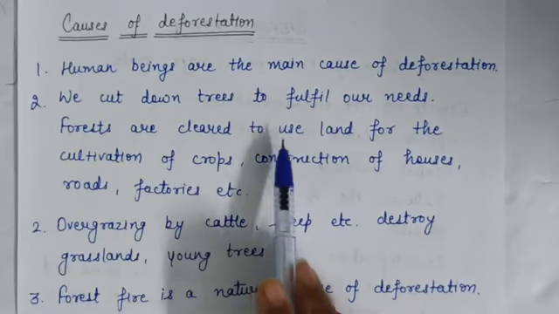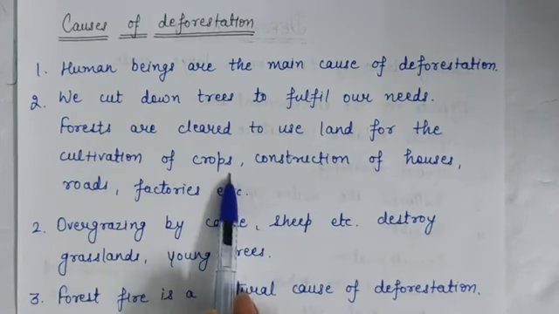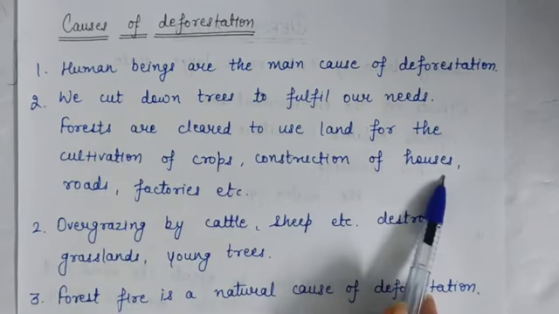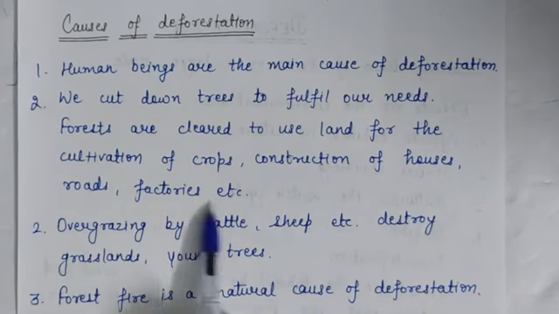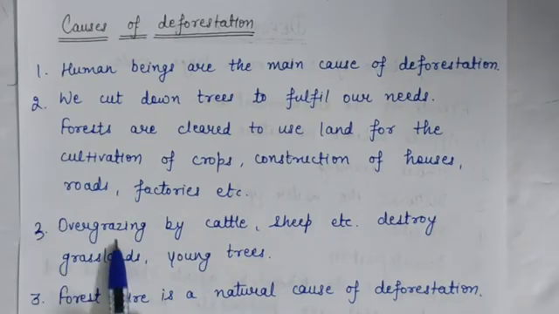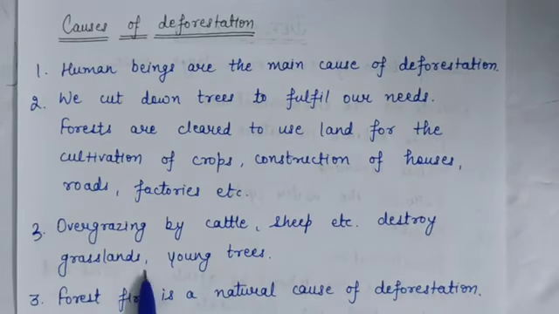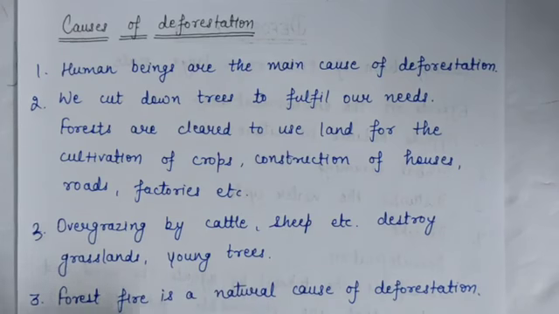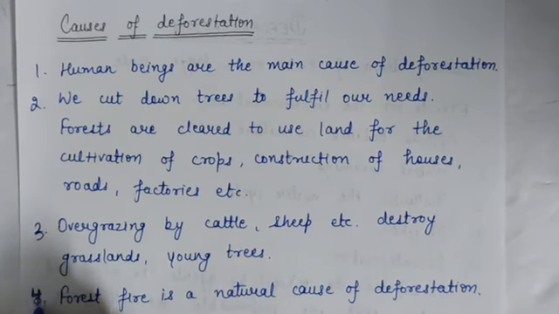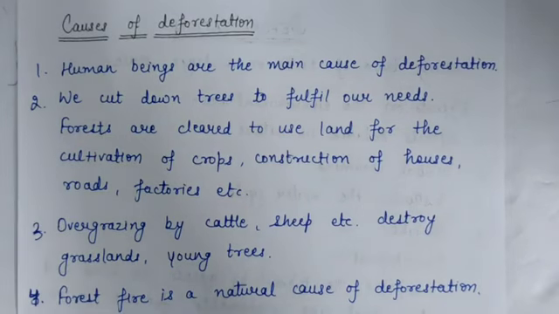Forests are cleared to use land for the cultivation of crops, construction of houses, roads, factories, etc. Third cause is overgrazing by cattle, sheep, etc., which destroy grasslands and young trees. And the fourth cause is forest fire, a natural cause of deforestation. So these are 4 causes of deforestation.